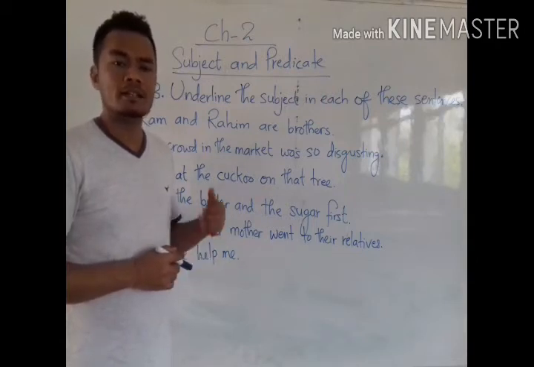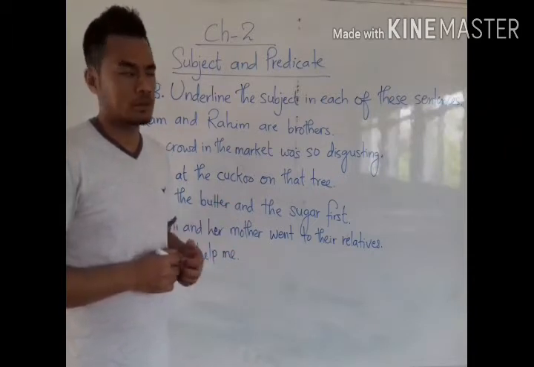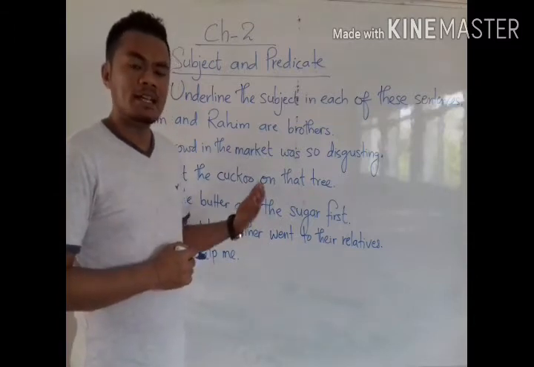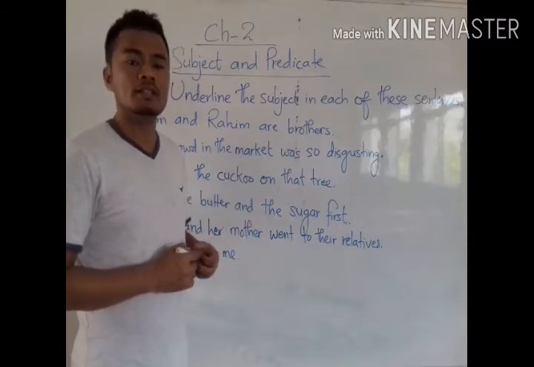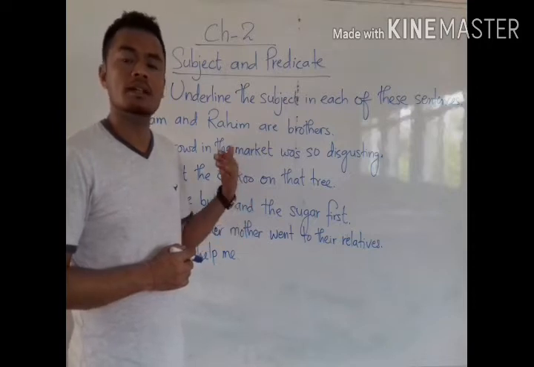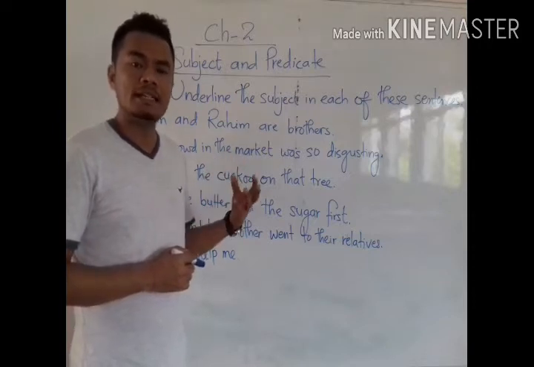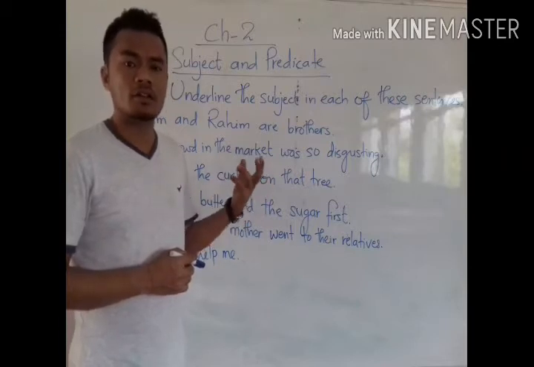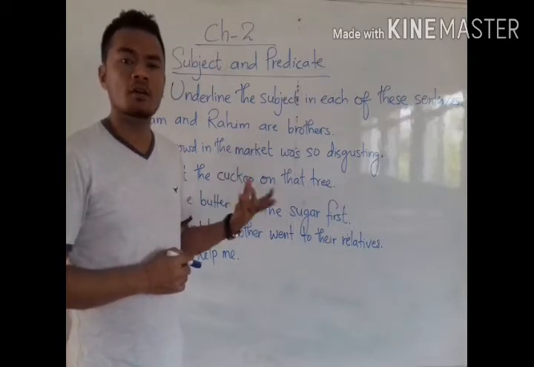So the subjects may be nouns or pronouns. Now, predicate. Predicate is that part of the sentence which tells us about the subject. That means the predicate tells us about the subject by showing their action or state of being or ownership, anything.